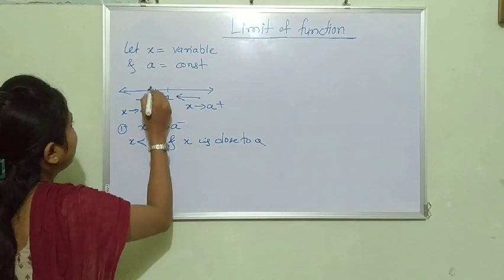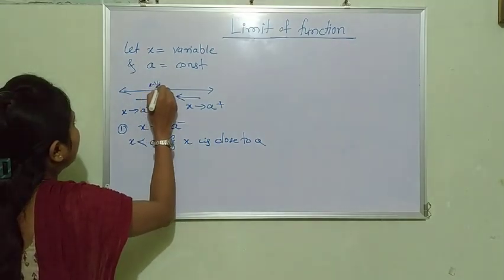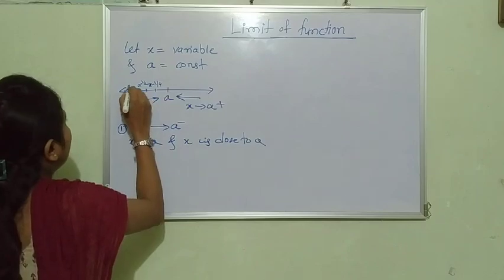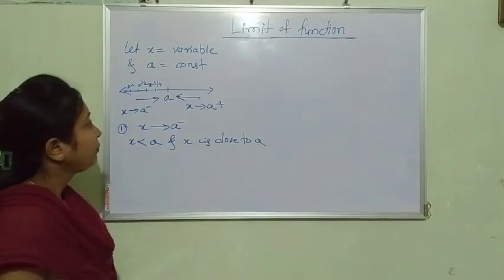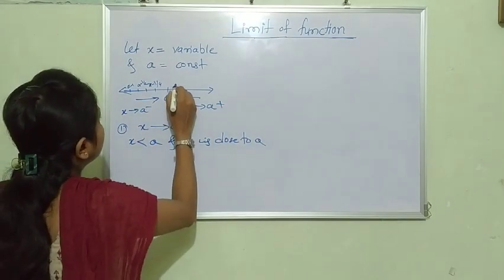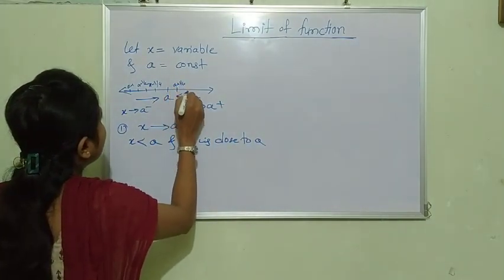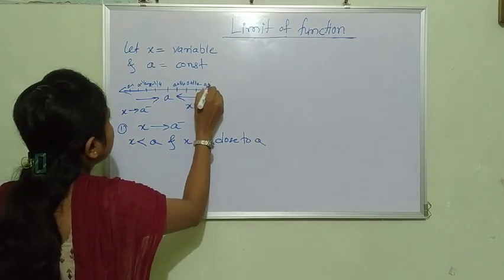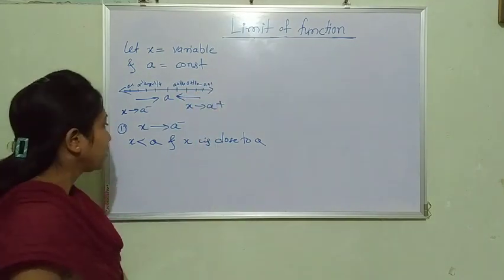Suppose this is my a. Suppose the next value is a minus 1 by 4, then a minus 1 half, and the next value is a minus 1. What are the values which lie right side of a? Let us take a plus 1 by 4, a plus 1 half, and the next value is a plus 1 and so on.